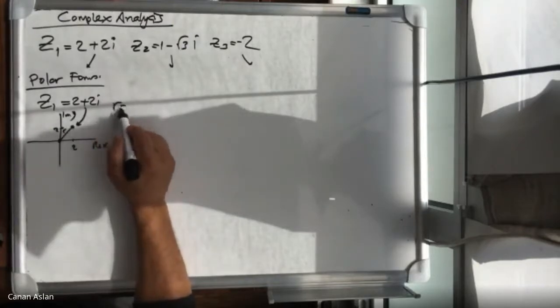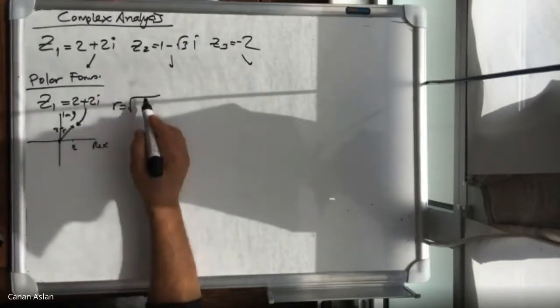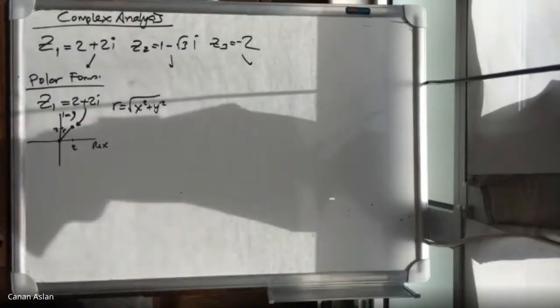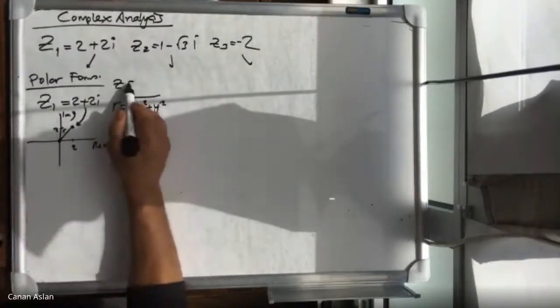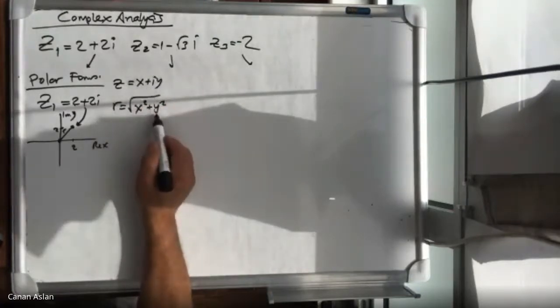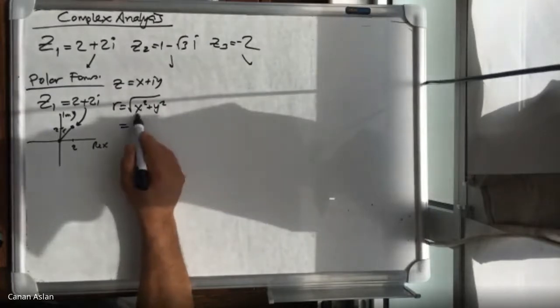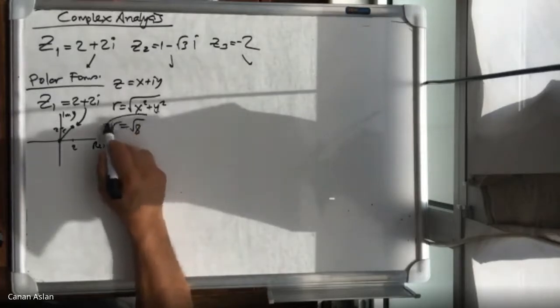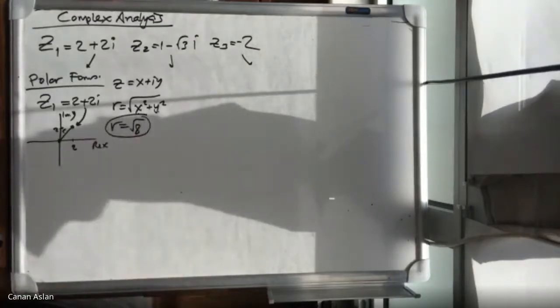It's the square root of the summation of the squares, x squared plus y squared, if z is given by x plus iy. This is how we can get the magnitude. In our case, x and y are 2, so 2 squared is 4, another 4 is 8. So r is square root of 8.